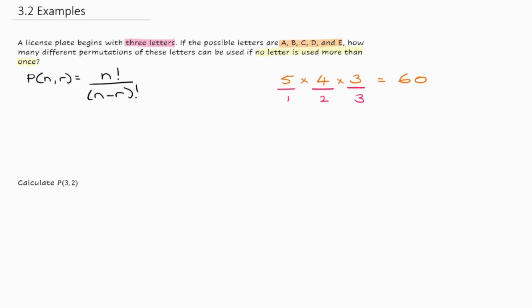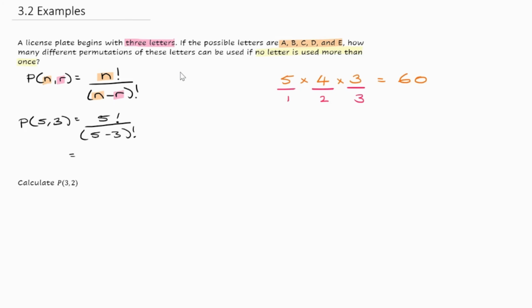Now, if I was to show this using the permutations formula, I know that my r here, I've got in my pink, and the n, the number of different choices that I have, is my 5 different letters here. So actually plugging this into the formula, I'd have P of 5, 3, and this would be 5 factorial over 5 take away 3 factorial.